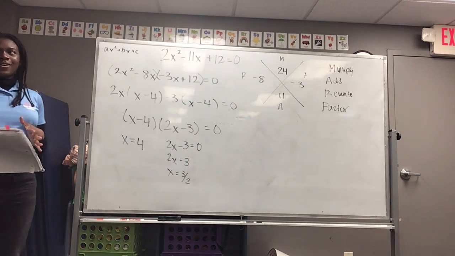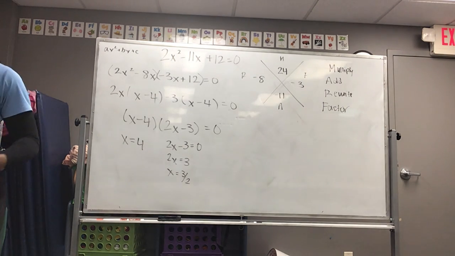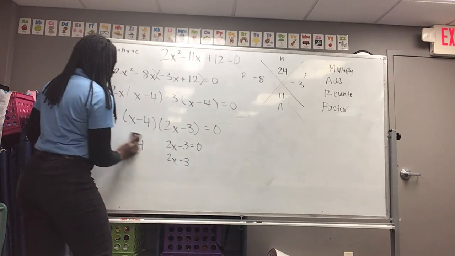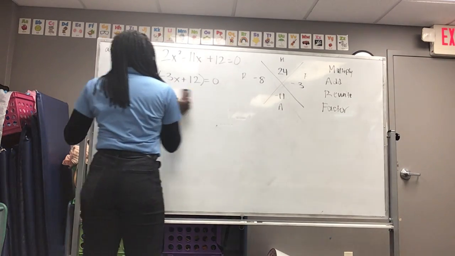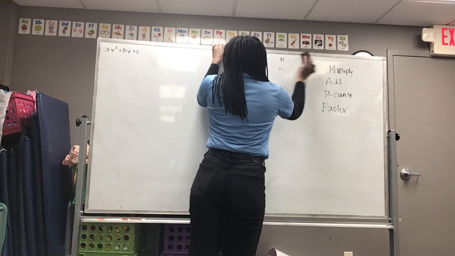Okay, did everyone follow along? I feel like I was going a little fast. Now I'm going to give you one to do on your own. I don't know if you like the morphing method or if you do your own thing, but I'm going to give you a quadratic equation and I'll have you solve it and then we'll go over it.